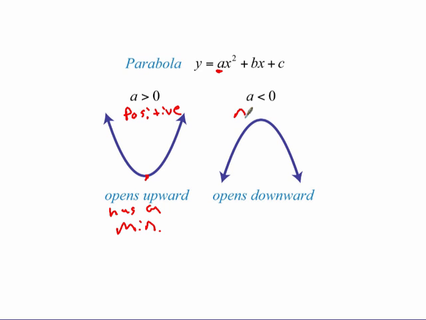If a is negative, then the graph opens downward and it has a maximum, which is just the highest point on the graph. Okay, so we use this a here to determine whether the graph opens upwards or downwards.